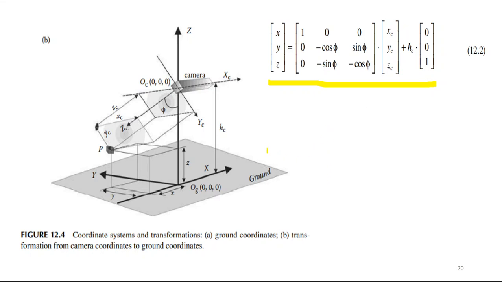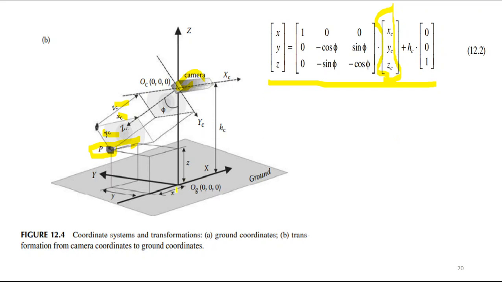So you have the camera coordinate, for instance here xc, yc, and zc. That describes this point P of your crop, your object, based on the camera coordinate. But we need to transform it to the ground.